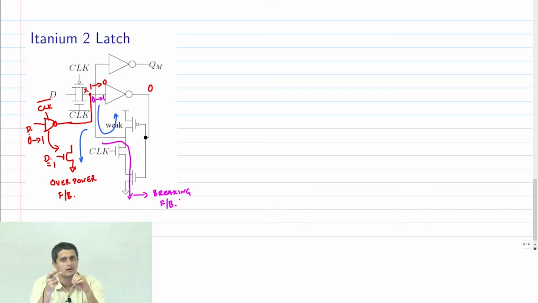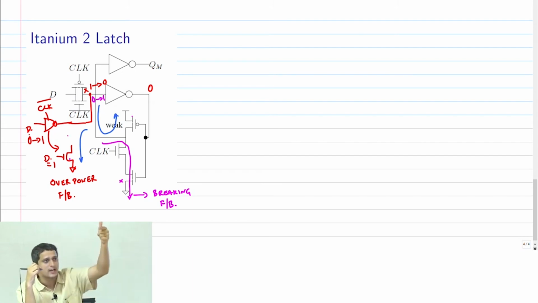Here note that when there is a fight between this PMOS and this NMOS, it's always easier to make the NMOS stronger with smaller area than the PMOS. If I had done the reverse case, what would have happened is there would have been a fight between the NMOS here and the PMOS of that inverter. Now the tri-state inverter has to win. Therefore, the PMOS has to be sized up significantly.